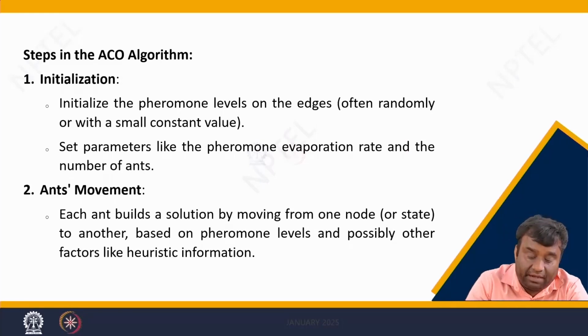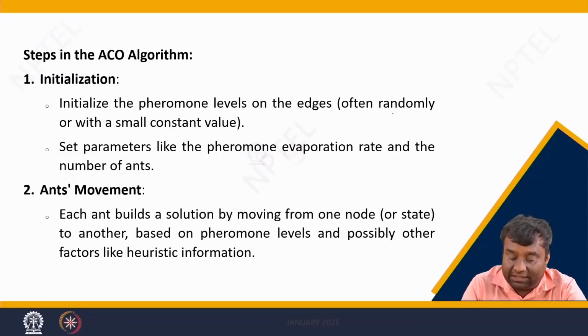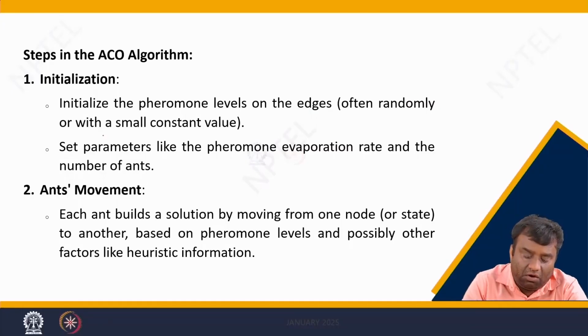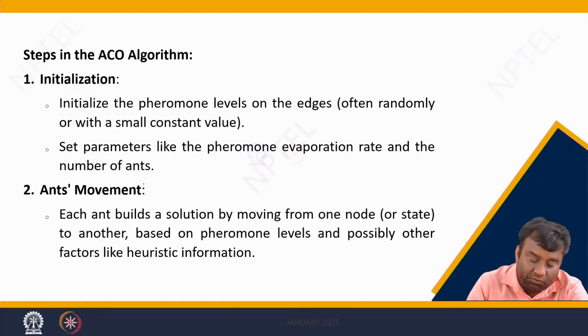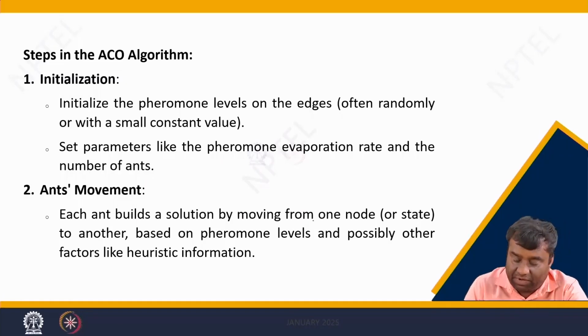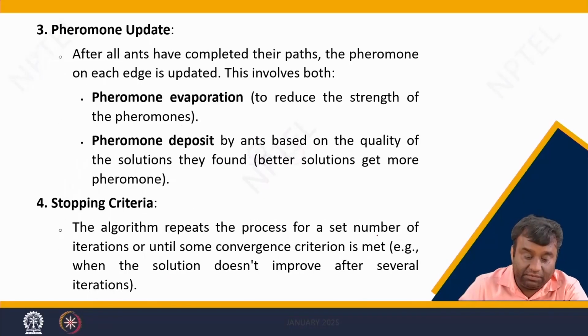Now, steps in the ant colony optimization algorithm. First one is initialization. Initialize the pheromone levels on the edges, often randomly or with a small constant value. Set parameters like the pheromone evaporation rate and the number of ants. Second, ants movement. Each ant builds a solution by moving from one node or state to another based on pheromone levels and possibly other factors like heuristic information.